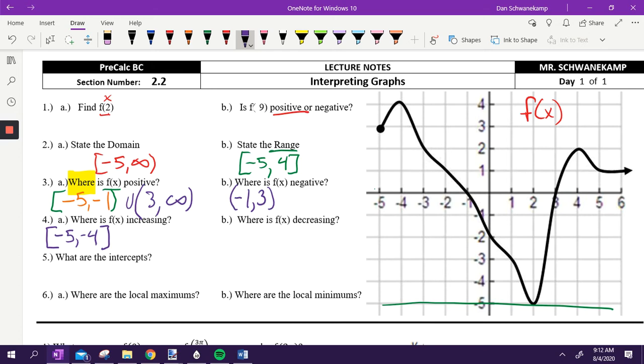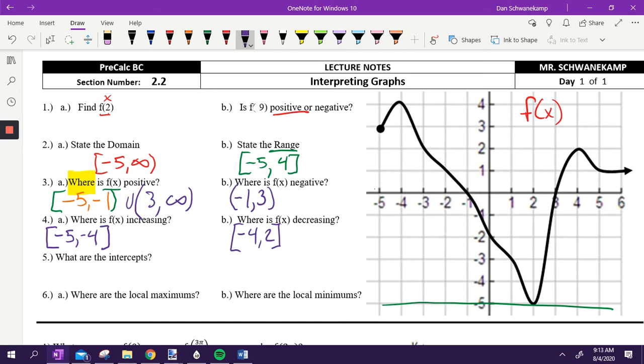Tell me now when I stop decreasing. Right there. It would roll all the way downhill until we reach the X value of 2. Remember, this is an X value question. So from -4 until 2, I'm decreasing. Bracket on -4, bracket on 2, because I'm decreasing that whole time period.